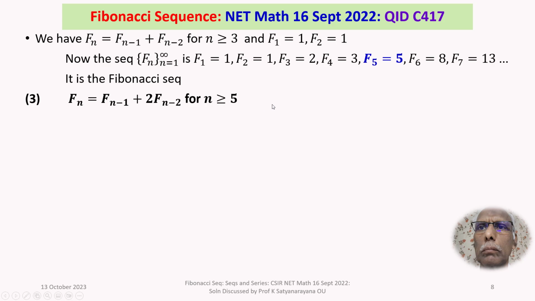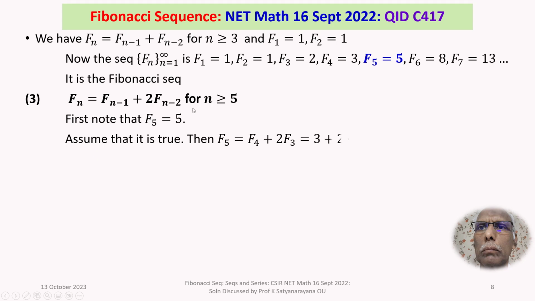To show this, we first note down that f5 is 5. Agreed. Now in option 3, put n equal to 5. Assume that the above is true. Then f5 is equal to f4 plus 2 times f3. f4 is 3 plus 2 times f3, which is 2.